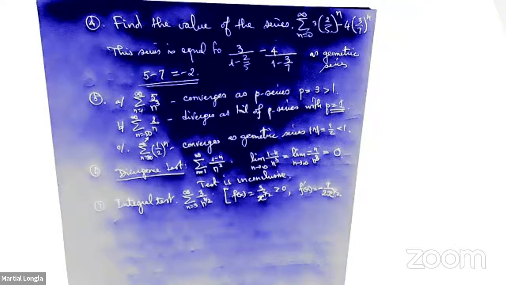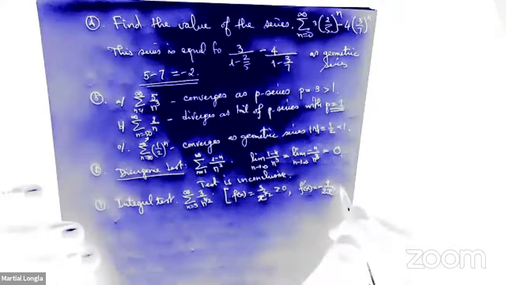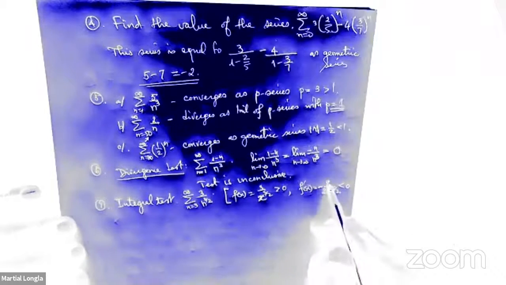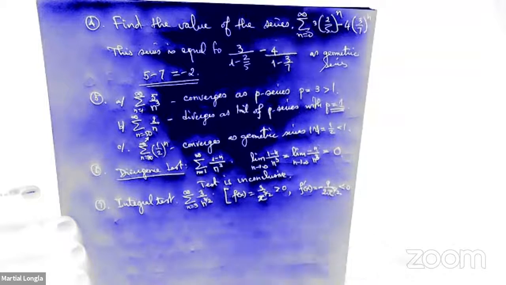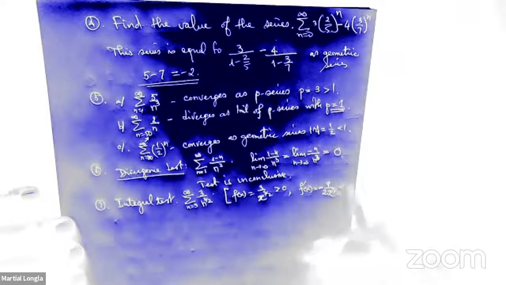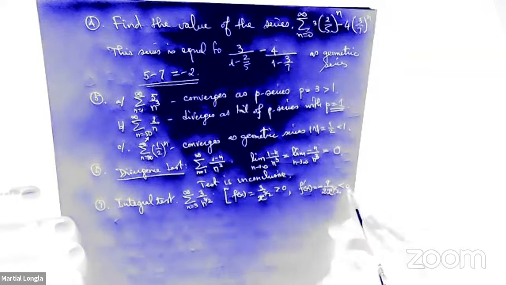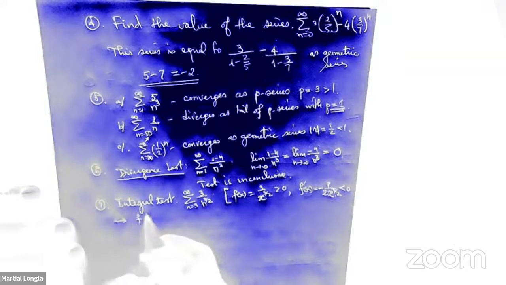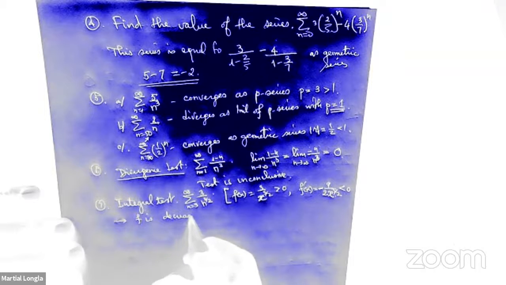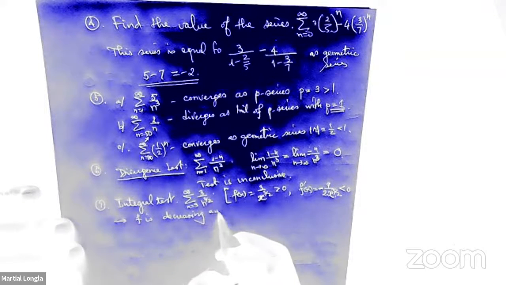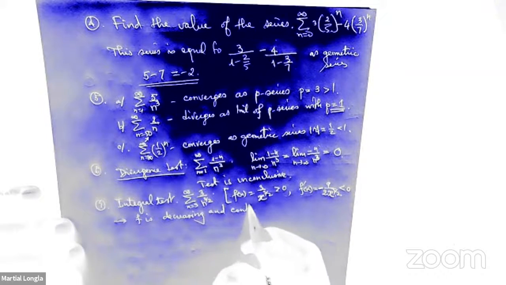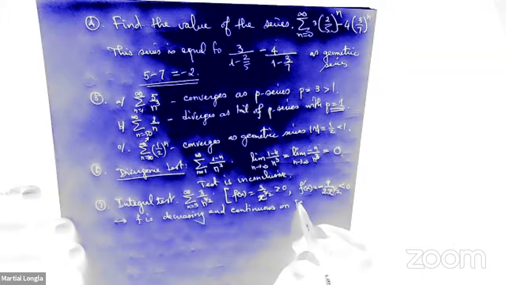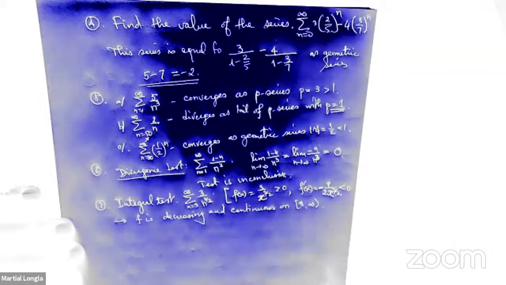And negative 3/2 times 3 is negative 9/2, and you can see that the derivative is negative, because x to the 5/2 is positive, so with the negative sign in front, it's negative. So here you do have f is decreasing and continuous on the interval that is concerned, from 3 to infinity.